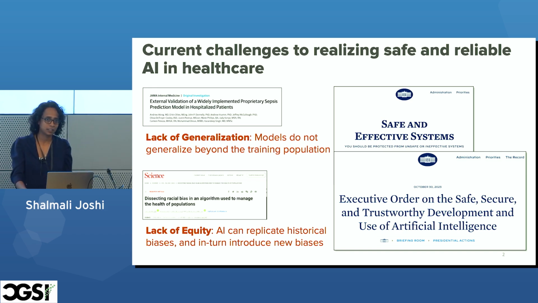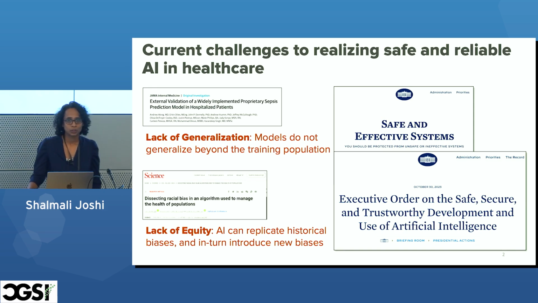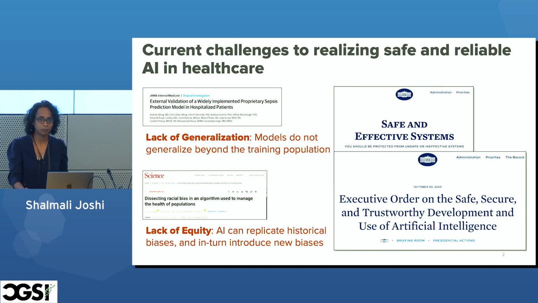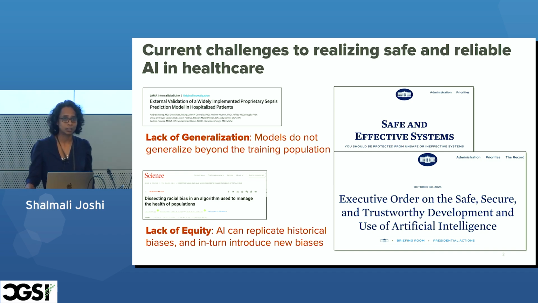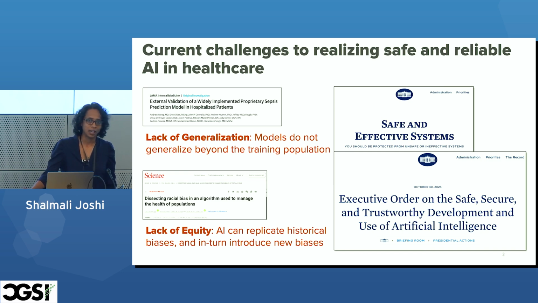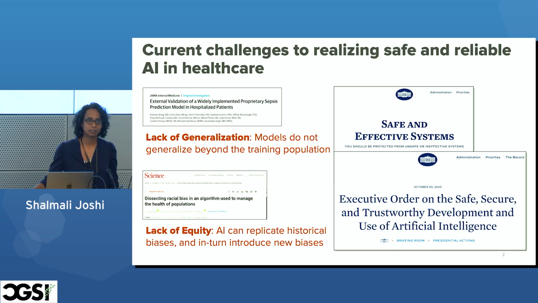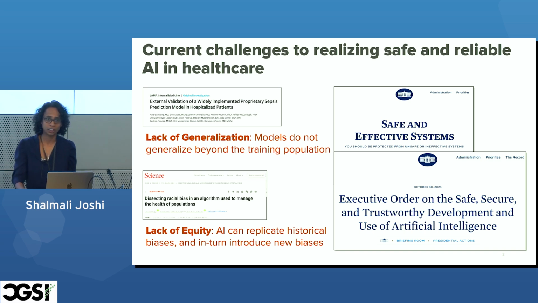A very famous example, if you don't know it, is the EPIC sepsis model, a proprietary model trained on some data and then deployed at multiple healthcare institutions. That model was designed for ICU patients to detect sepsis early so that you could intervene early.